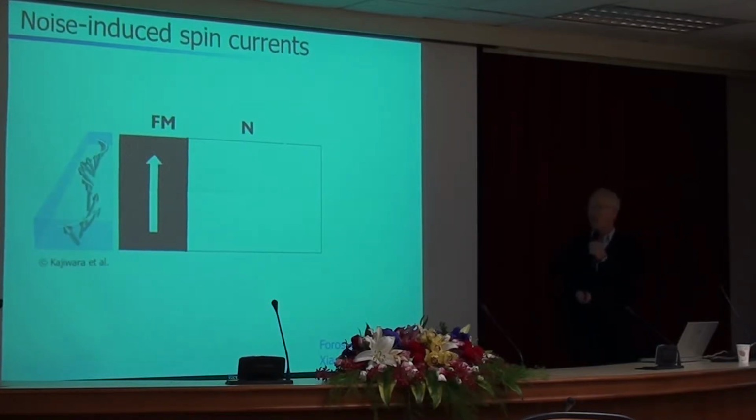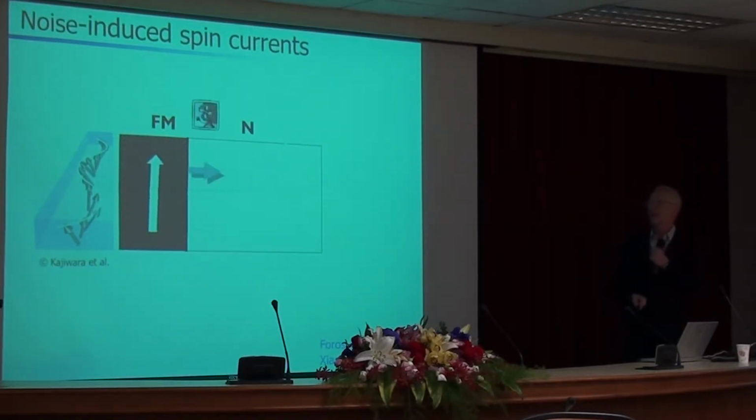If we heat up the total system, we will excite degrees of freedom. These are the phonons, but also the elementary excitations of the ferromagnet, the so-called magnons. So at finite temperature, the magnetization will move. Now, the moving magnetization at the interface will generate spin pumping, so a spin current is injected into the normal metal.